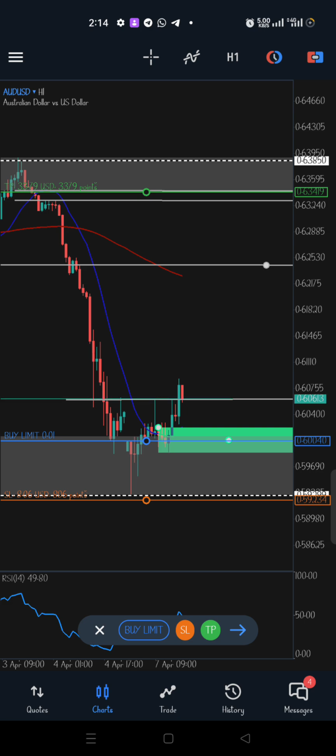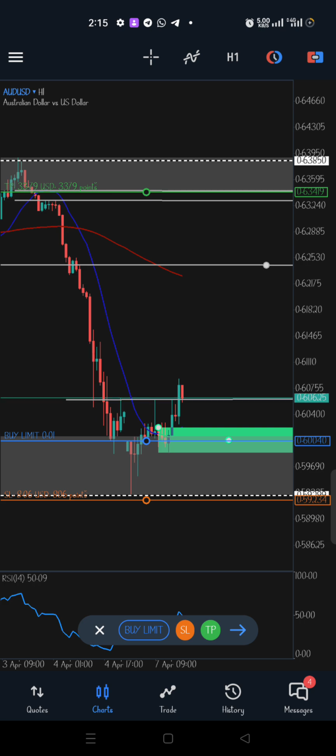Once price comes back to this demand zone, we look for price rejection indications, and then we place our entry targeting the next supply level as our take profit.